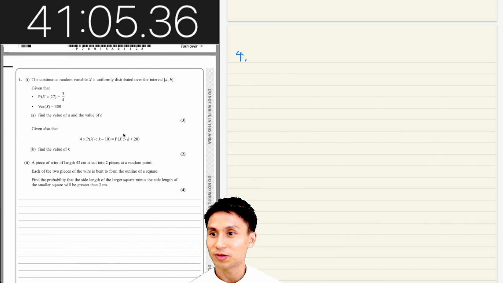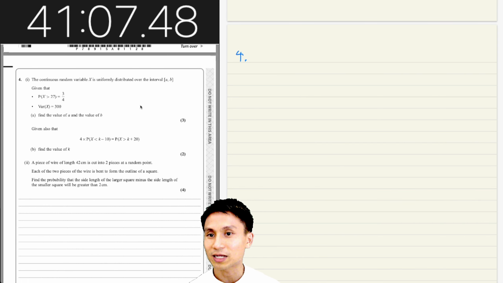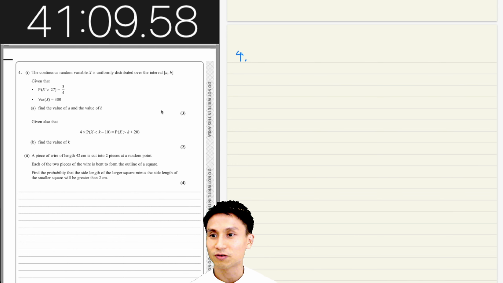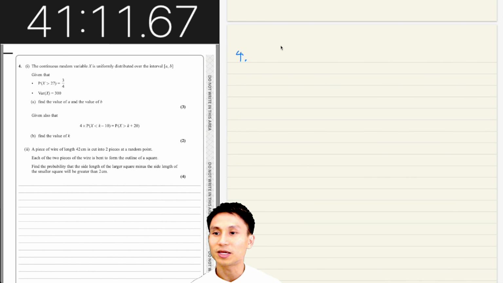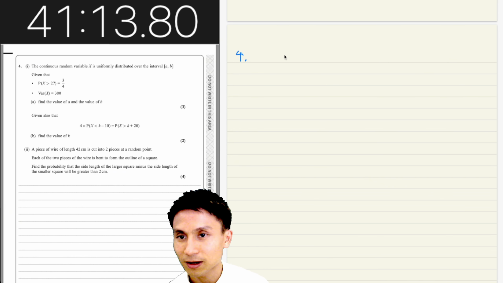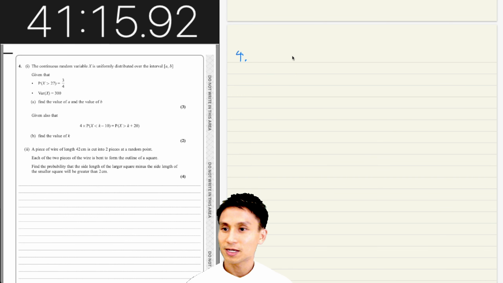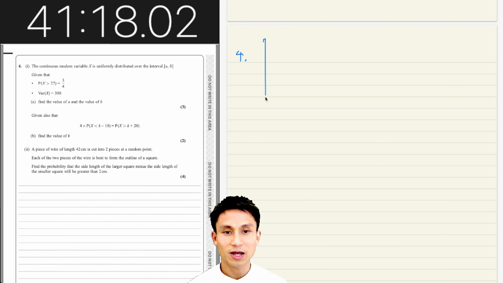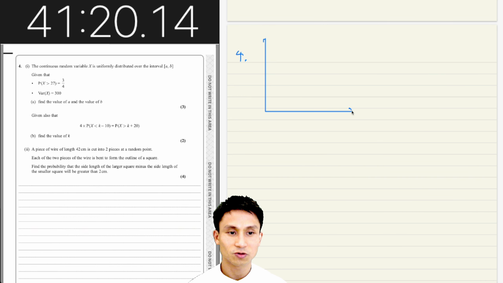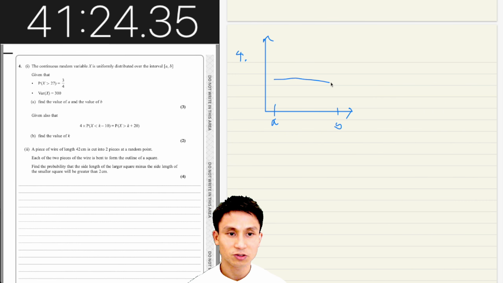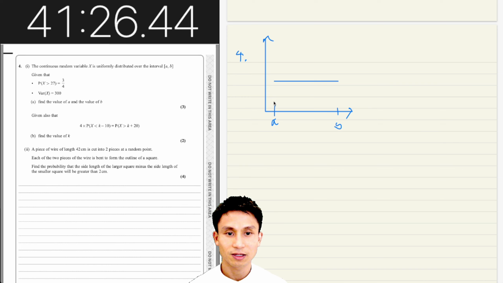Okay, no, 50 minutes. The continuous random variable x is uniformly distributed over the interval a to b, given that P(X greater than 27) is 3/4. Okay, so normally for continuous random variables, we can draw a little graph here, so a to b, right? And we have a straight line here like this.